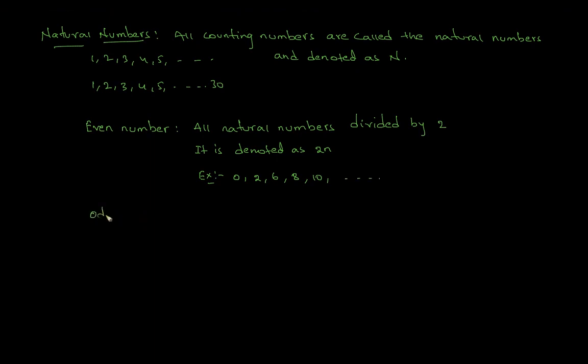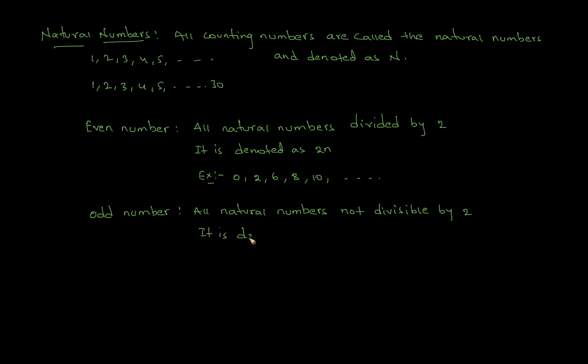Next, odd number. All natural numbers which are not divisible by 2. In simple words, we can say other than even numbers is nothing but odd numbers.